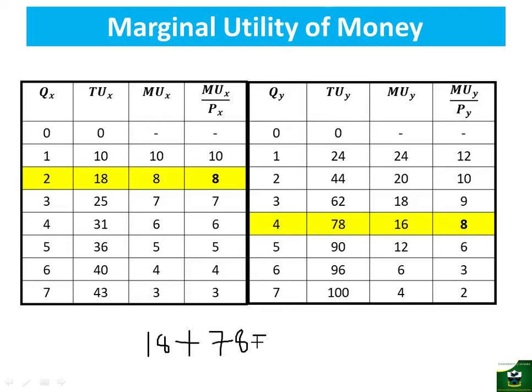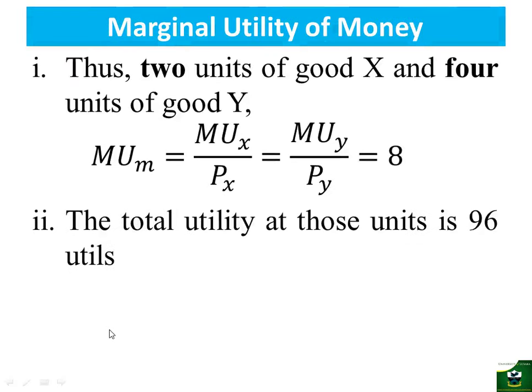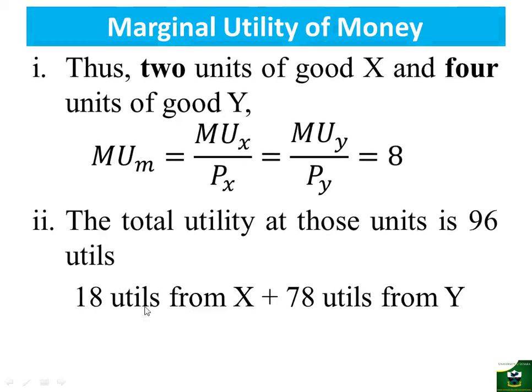When we add these two, we get total utility to be 96. And this is picked from our assumption 2 that utilities are independent, so meaning they are additive. So total utility at those units is 96 because we have 18 utils from X and 78 utils from Y.